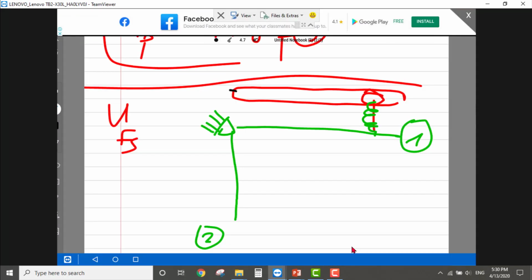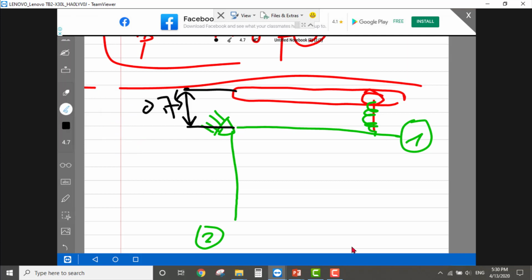So this distance is 0.75, and L original is 0.5 meter. So what do you think? Is it in state 1?